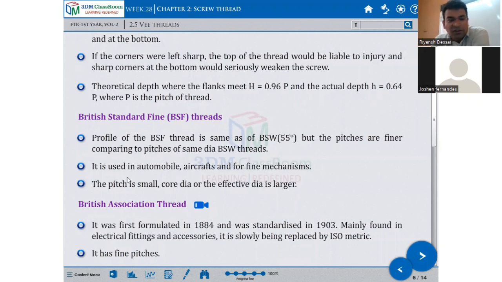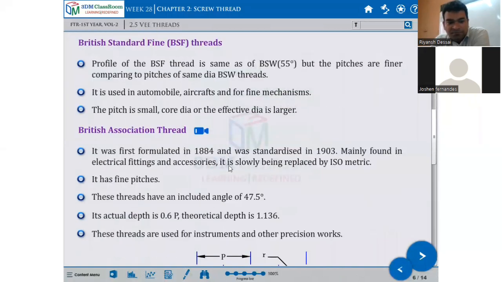Rest everything is the same. It is used in automobile and aircraft industries and for fine mechanisms. The pitch is small, so the core diameter is large.